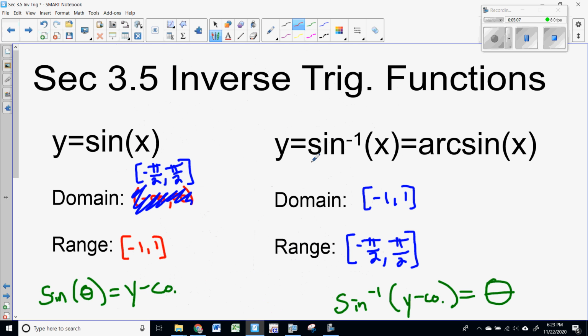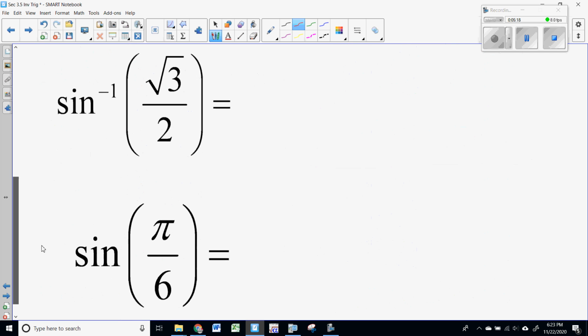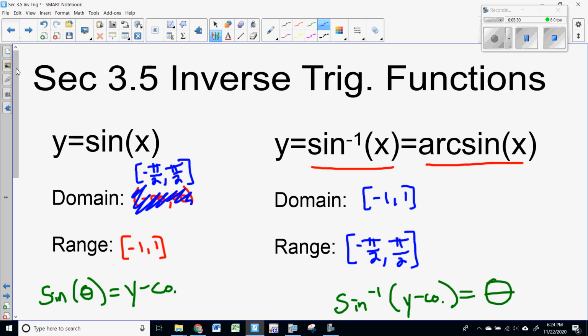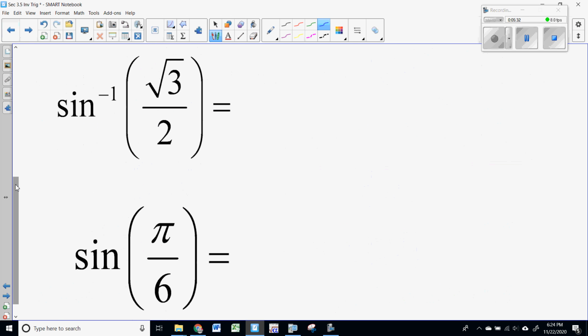Okay, so that's just a refresher of what inverse sine is. Sometimes it's also called arc sine, is another way of phrasing it. If we look at something like inverse sine of square root of 3 over 2, that's asking what angle has a y-coordinate of square root of 3 over 2.